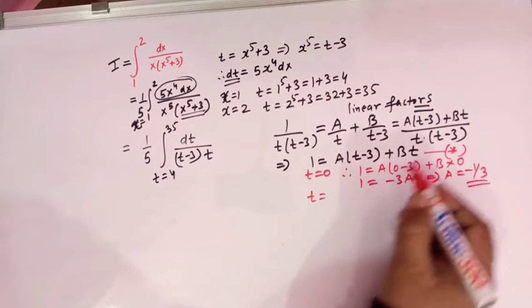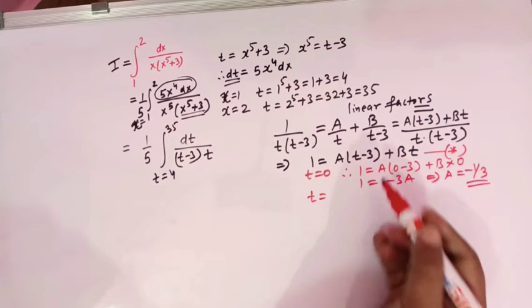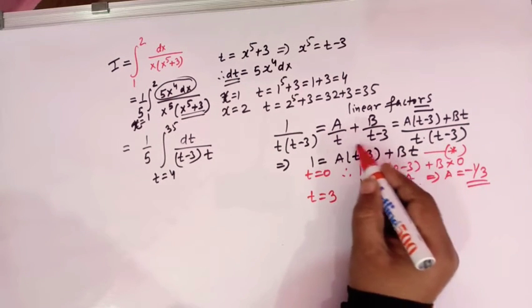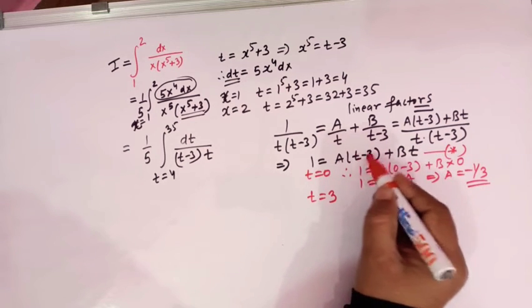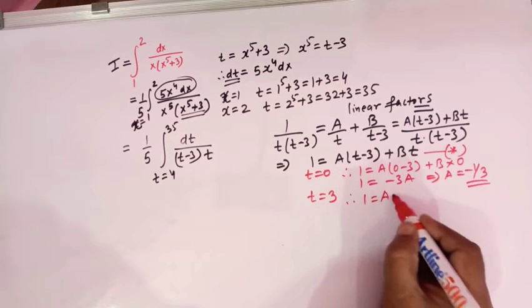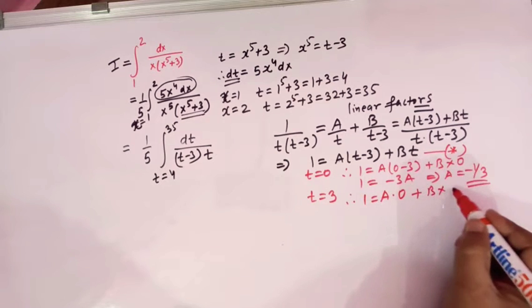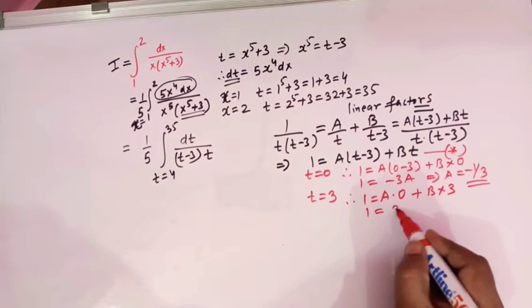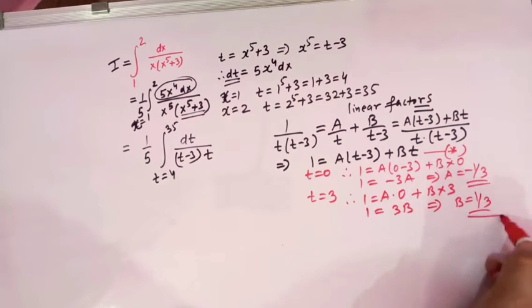And when t is equal to 3, this term will get eliminated. So 1 is equal to a times (3 minus 3), which is 0, plus b times 3, so 1 is equal to 3b, and b is equal to 1 over 3.